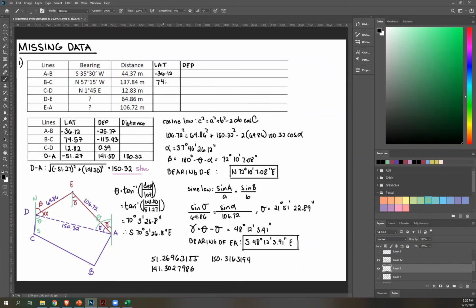Positive 74.57, 12.82, and then departure, negative 25.77, negative 115.93, 0.39. And now we can complete the table since I already know the bearings of DE and EA. Since we know the bearings, can you give me the latitude of line DE?